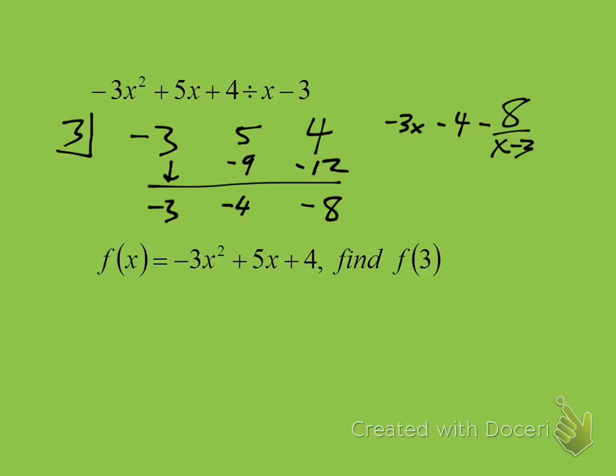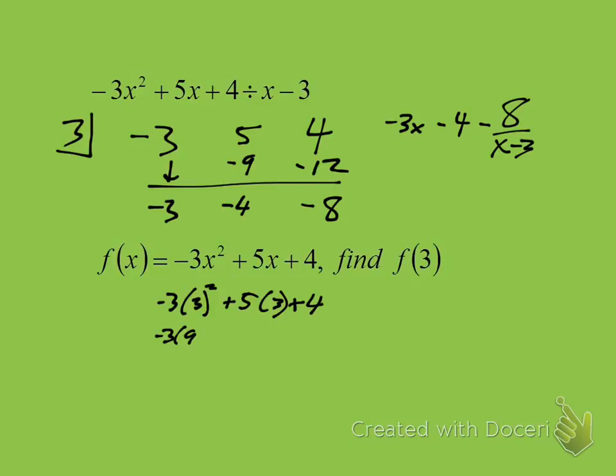Alright, good. Now when you plug 3 in, negative 3 times 3 squared plus 5 times 3 plus 4. What's 3 squared? 9.